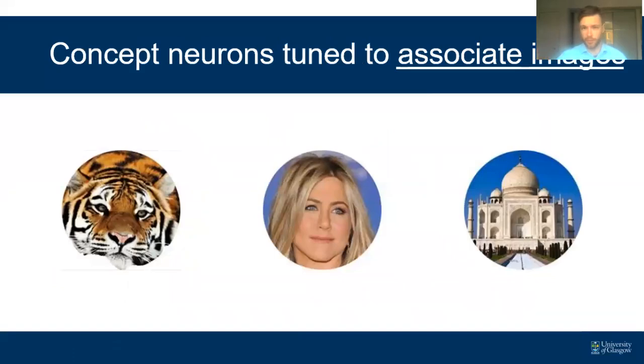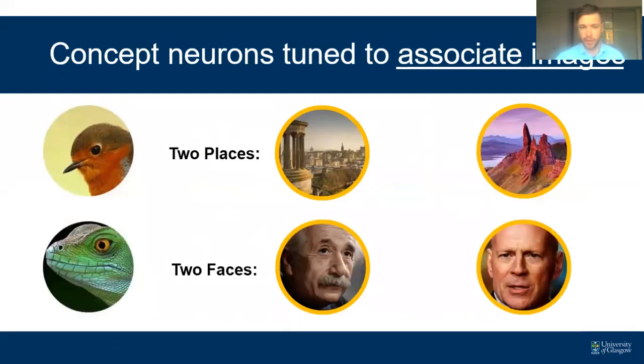But now, all of these episode-specific neurons might be concept neurons that are tuned to the associate images. It might be that these neurons are literally Jennifer Aniston neurons. We have to somehow rule that out. And we do this by first leveraging the experimental design. If we have episode-specific neurons that are coding to one trial with two places and also another trial with two faces, we can rule out that it is a concept neuron because in one trial it's two faces and another two places, it's a non-overlapping stimulus material.